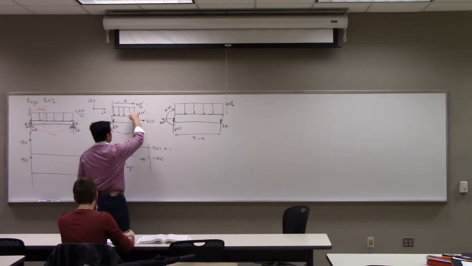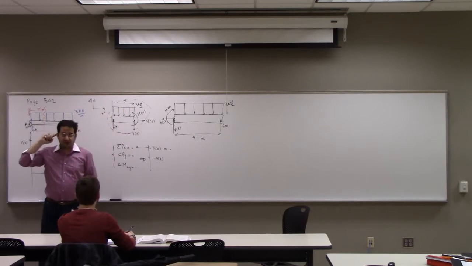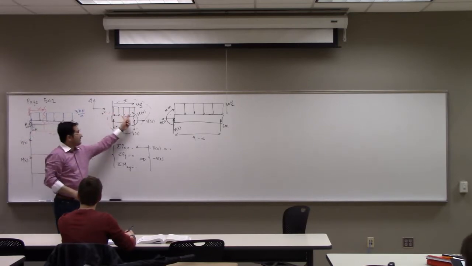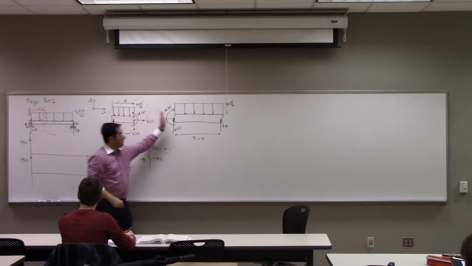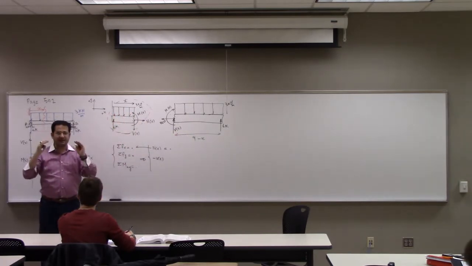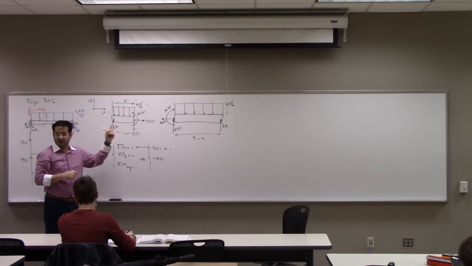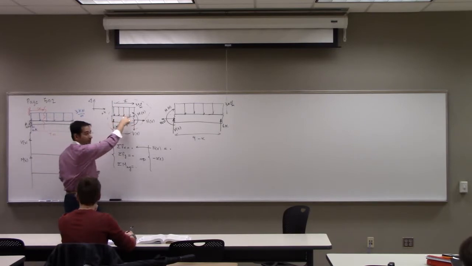This is not in x. This is a moment. And then the force coming from that distributed load. What is the force coming from that distributed load? Now look, this part of the distributed load, we're not talking about that. This part of the distributed load is completely external to our system. We're not cutting it between. So can I replace it with a point load? Yes, because it's completely external to our system here.